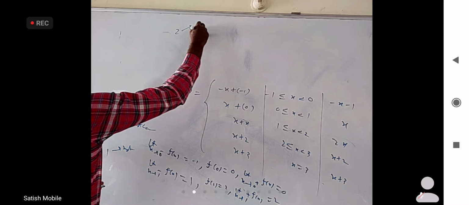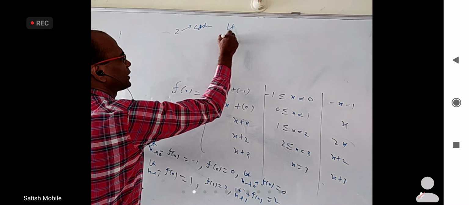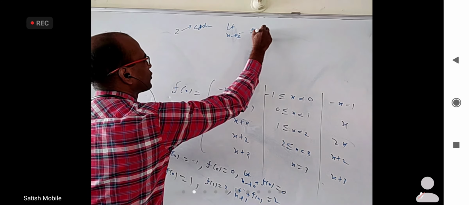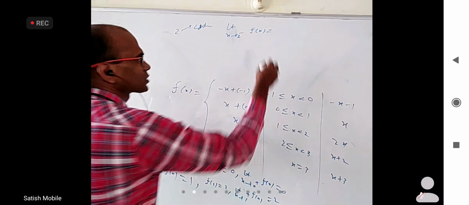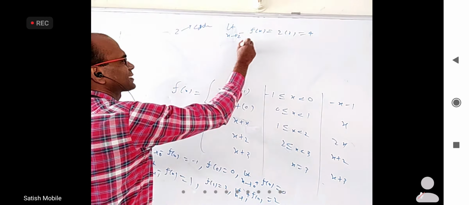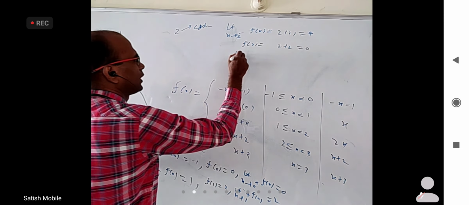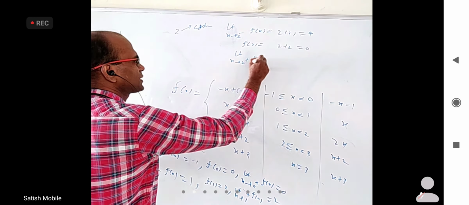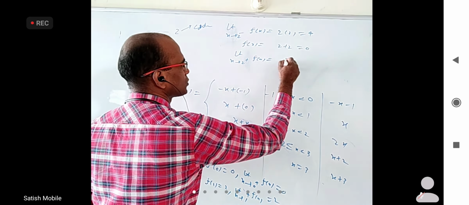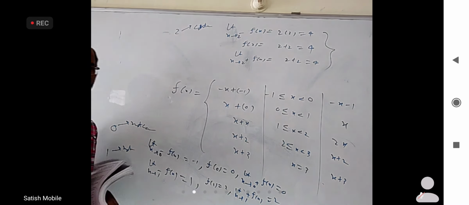It is continuous because limit x tends to 2 minus f of x is 2 into 2, 4, and f of 2 itself is 2 plus 2, 4, and limit x tends to 2 plus f of x is also 2 plus 2, 4. Because of that it is continuous.